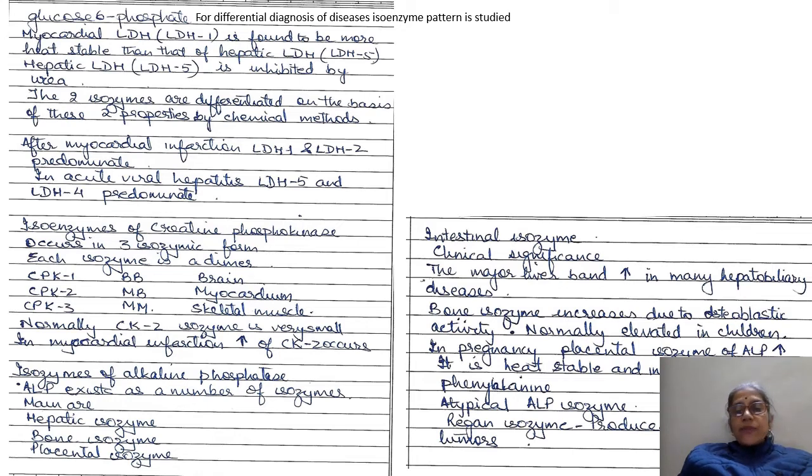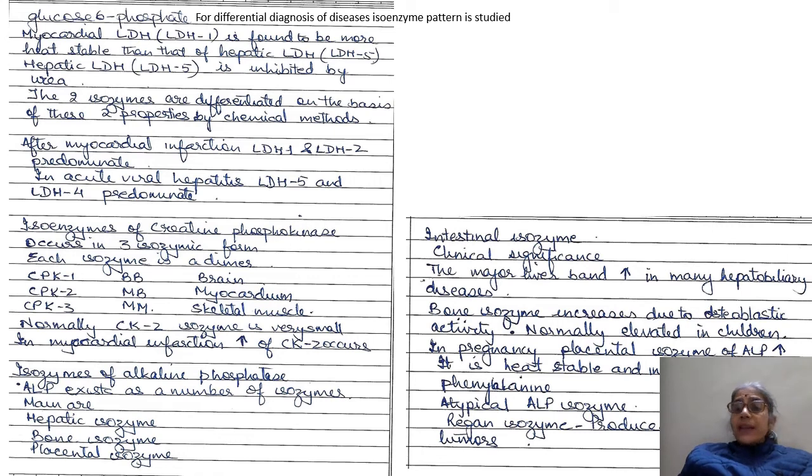Then isozymes of alkaline phosphatase, ALP, exist in a number of isozymic forms. Main are hepatic isozyme, bone isozyme, placental isozyme, and intestinal isozyme. Clinical significance: the major liver band increases in many hepatobiliary diseases or in liver diseases. Bone isozyme increases due to osteoblastic activity, which is present in bone cancer or diseases related to bone.